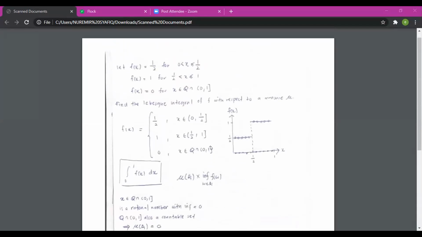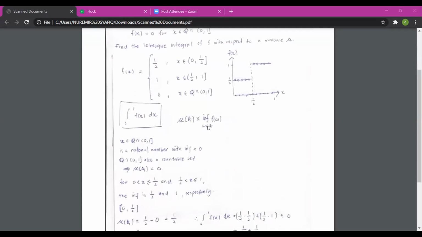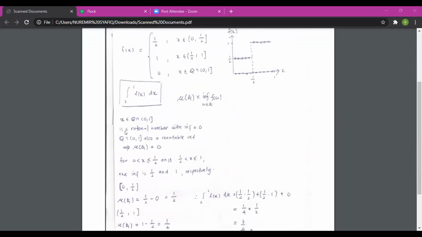We do the graph. So this is the graph, and this is the formula: mu of A_i times the value f(w), where w is in A_i. We know that x is a rational number, so the rational numbers have increment 0. Q is a countable set, so the Lebesgue measure of A1 is 0.